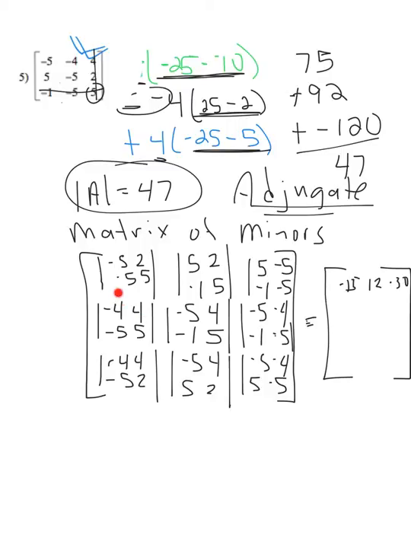Okay. Here I have -20 minus -20, so -20 plus 20 will be 0. -25 minus -4, so it'll be -25 plus 4, so -21. -25 minus 5. So it's 25 minus 5 will be 20.